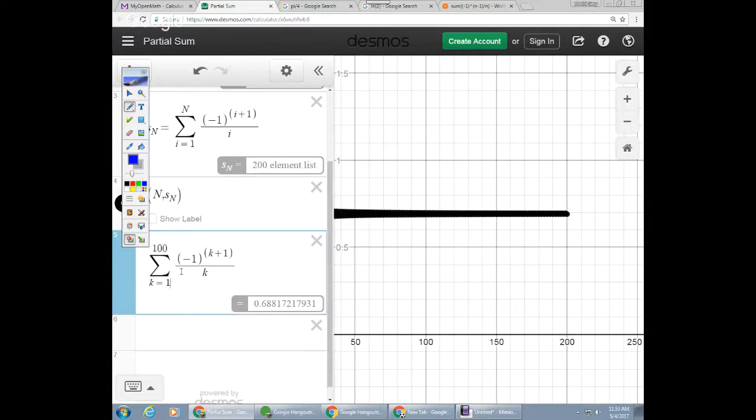Starting at 1. We have to pay attention: what are we starting at, what are the powers, are they alternating in the right order? So this says 0.688-ish. 1 over 100 is 0.01, so 1 over 101 is a little bit less than that, which means this should be accurate to 2 decimal places if I round. So this says it's about 0.69.